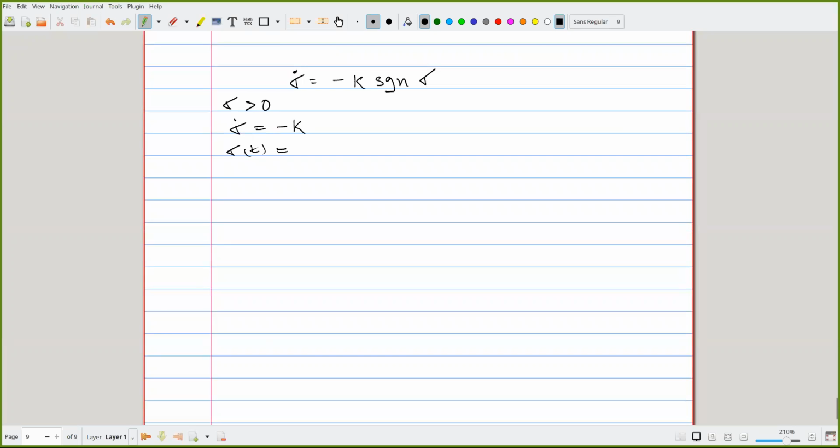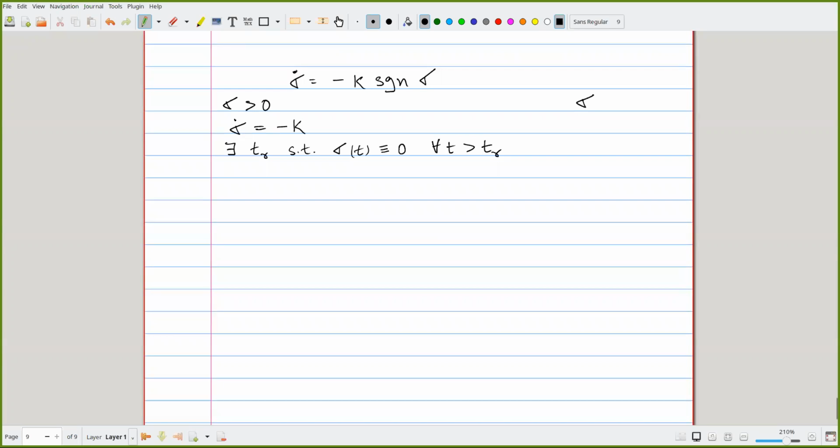There exists a time tr such that sigma of t is equal to 0 for all t greater than tr, right?